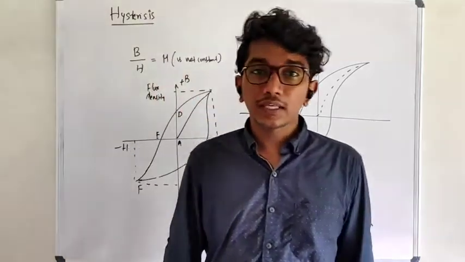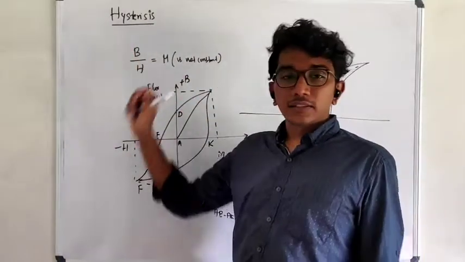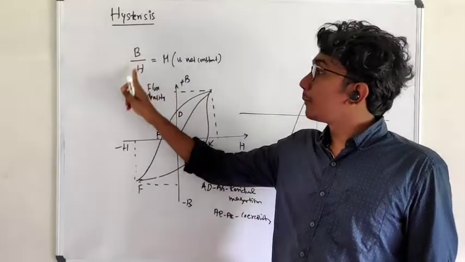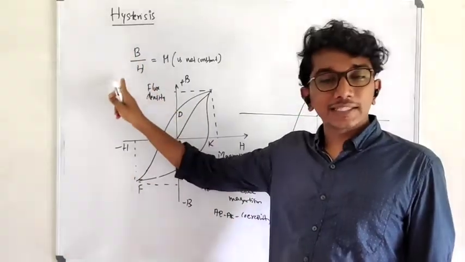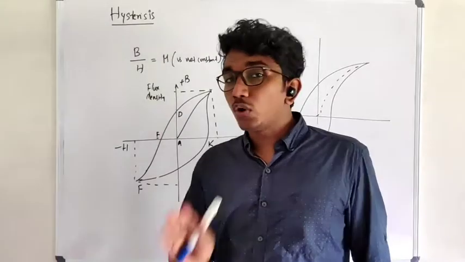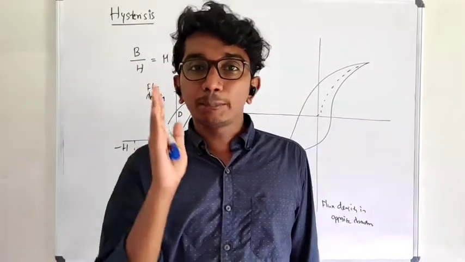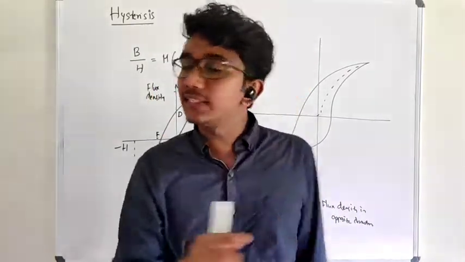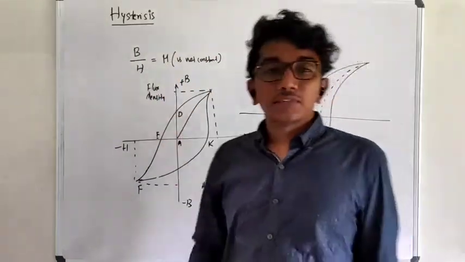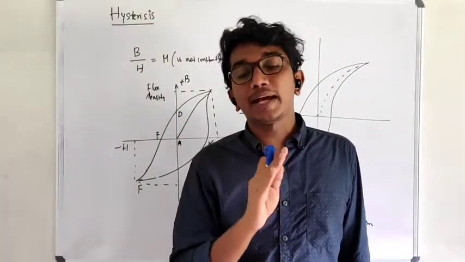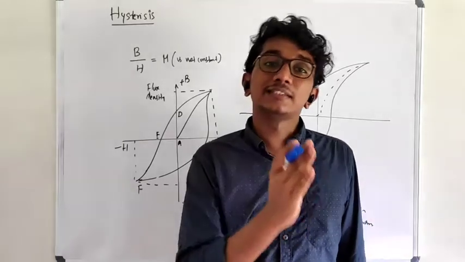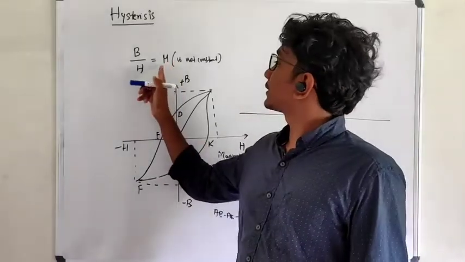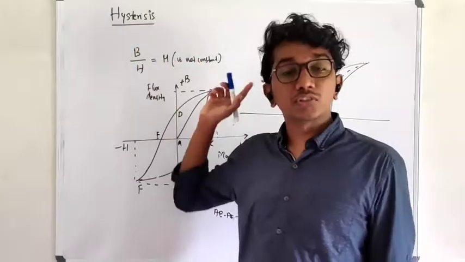One thing is very clear: the ratio of magnetic induction to magnetizing field is not always linear. When you plot a graph of B against H for a ferromagnetic material placed inside a magnetic field, it's not linear. So B by H, which is mu, is not a constant.